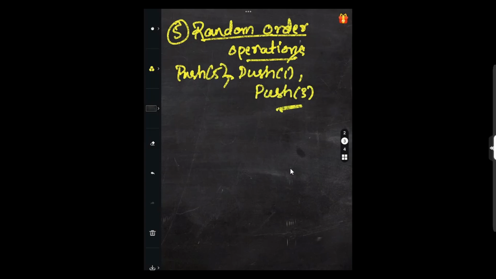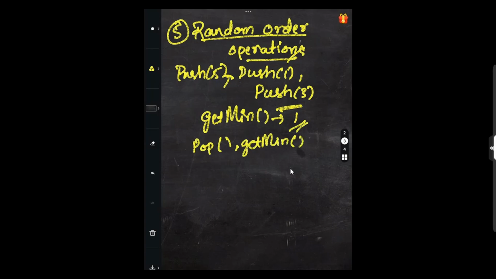Let me consider 3, something, right? This is fine. And get min will be here, minimum value, this will be 1 again. So here pop and get min will also be 1 here. Get min here, it will be 1. So why will it be 1 here? The minimum reflects the smallest value among the current elements. So that is the reason the output will be 1 and 1 here.